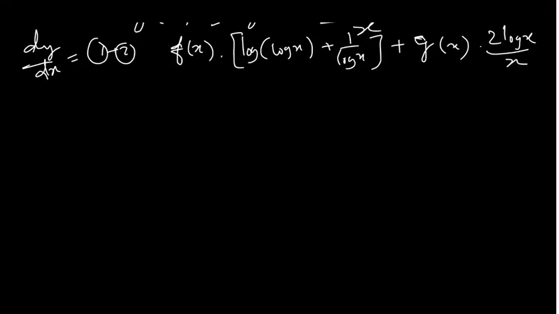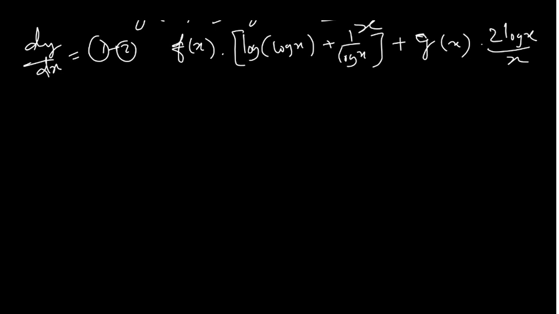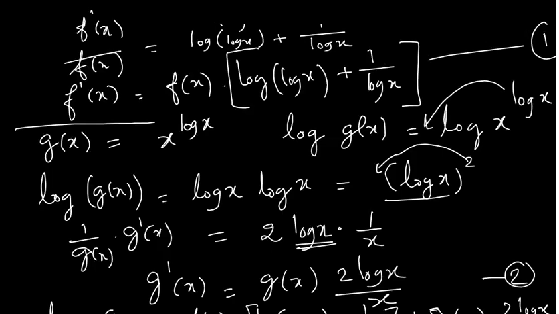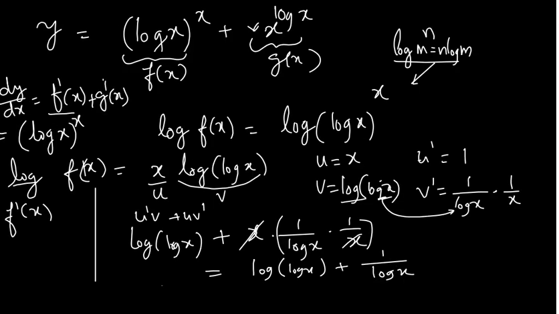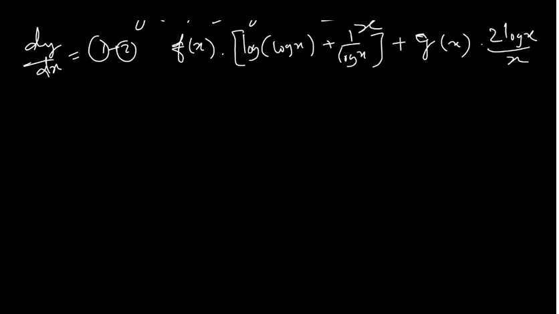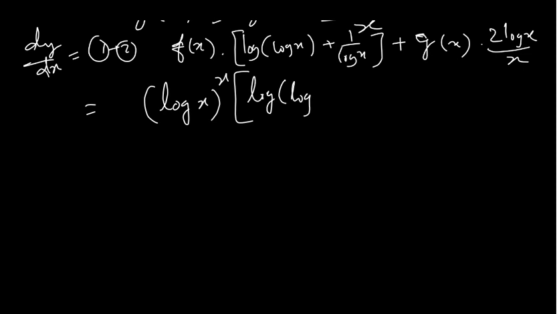This is x to the power of log x. So that's equal to log x to the power of x into log x plus 1 by log x. I am writing the final answer, plus x to the power of log x into 2 log x divided by x. So this is the final answer.